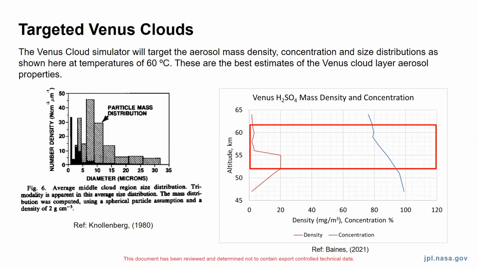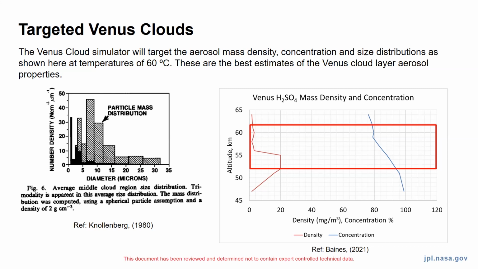So here's going to be our target for our Venus clouds. We're going to simplify everything that Kevin just said to just sulfuric acid, in order to test the robustness of equipment in a Venus atmosphere.